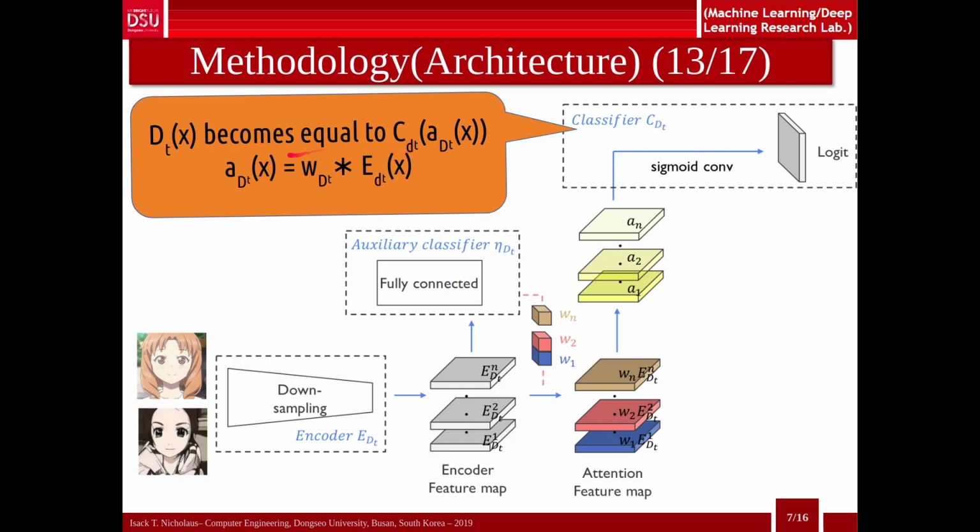So our classifier or discriminator will make use of the attention feature map of a given input X to make a prediction whether this given input comes from the target or from the generator. So this is how the whole process takes place, and all the calculations are as I have shown and explained previously.